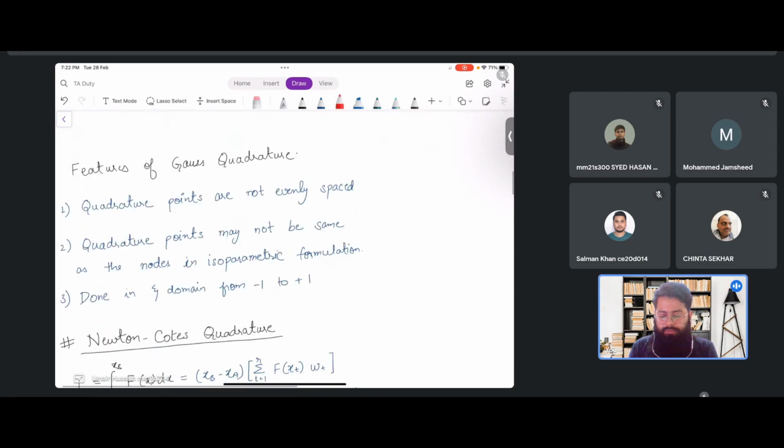So we did study some features of Gauss quadrature points. In the Gauss quadrature rule, the quadrature points are not evenly spaced. It's not necessary that they're evenly spaced. However, they are aligned symmetrically about the center point of the domain. You will observe that in that points table. And yeah, so the Gauss quadrature points may not be the same as the nodes in the isoparametric formulation.